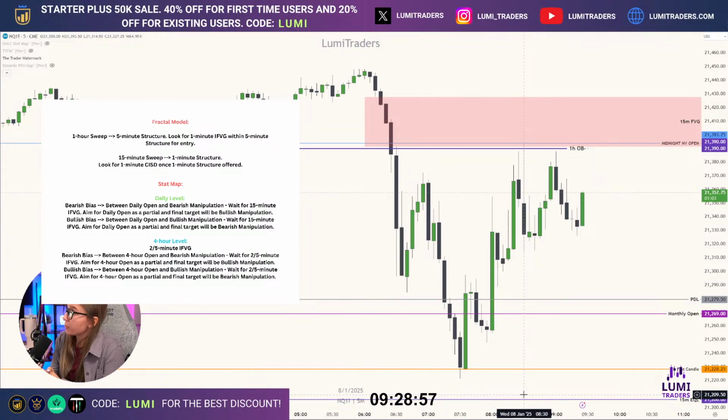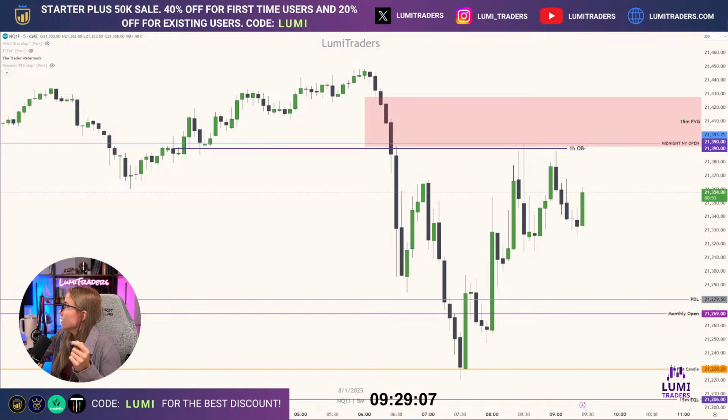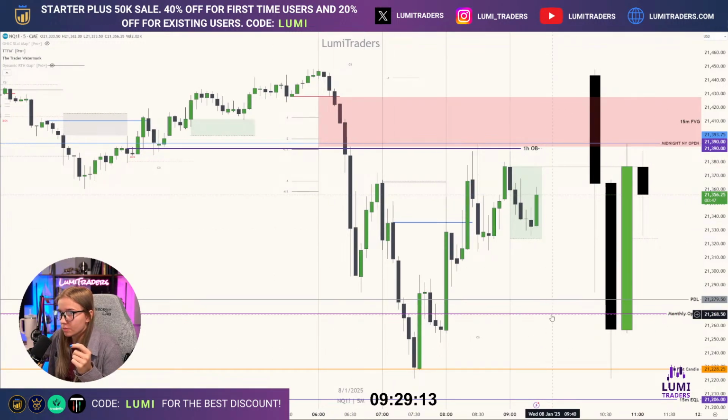And an inversion fair value gap on the 1 minute chart, if it may form this, it should offer a trade where you can aim for your target level, right? It's right here. So we just got the hourly sweep. And this green box right here is the T-spot. So basically we got the retracement already down to this T-spot.